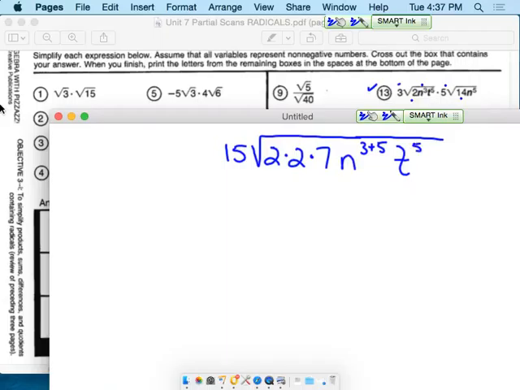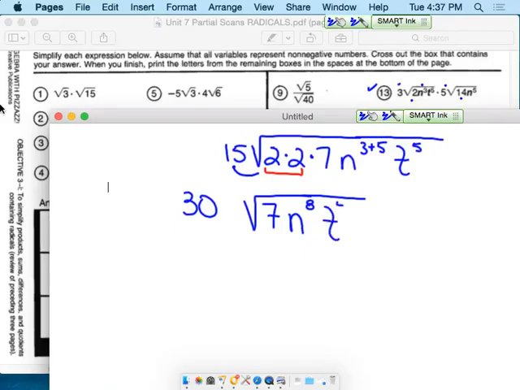So along the way to combining this and cleaning this up a little bit, here's my perfect square pairing. So I bring the square root of 4 out, or bring one of the 2's out. So that means that I'm now going to have 30 sitting out here because I have to multiply it by the 15 that's right there. And inside my radical, 7 will remain. And I'm going to have n under the radical now raised to the power of 8.